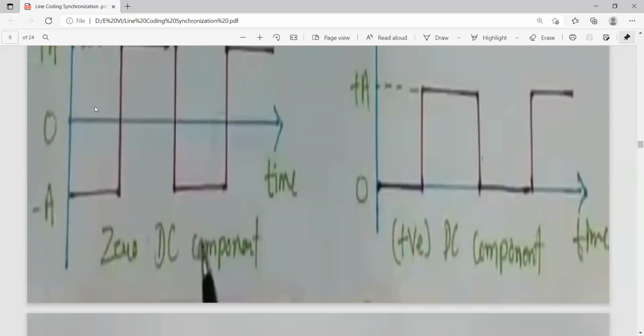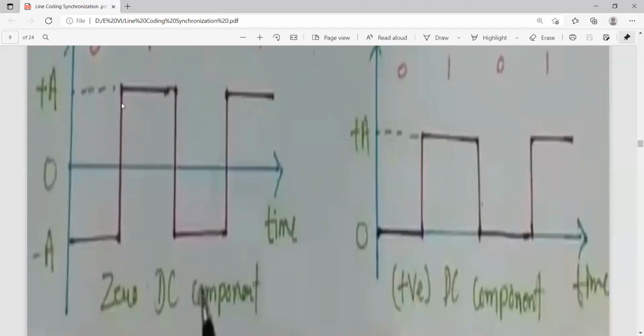There is a negative peak, then a sharp rise from negative to positive, then again a sharp transition from positive to negative.